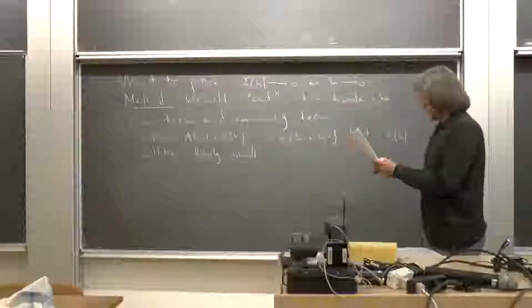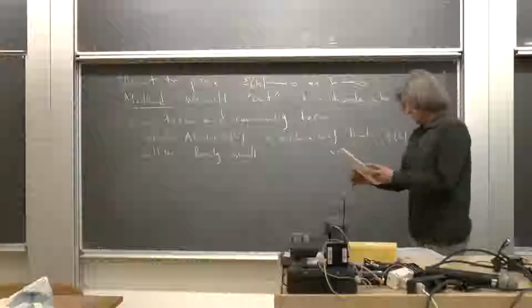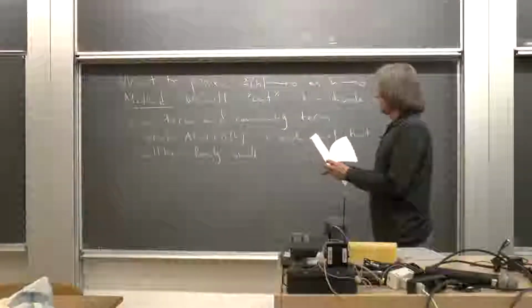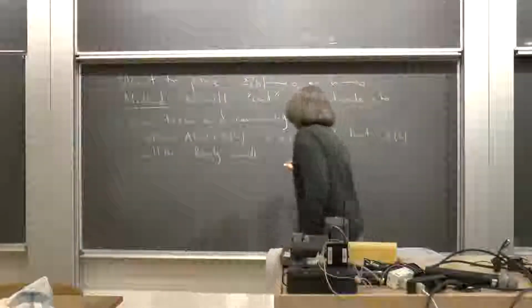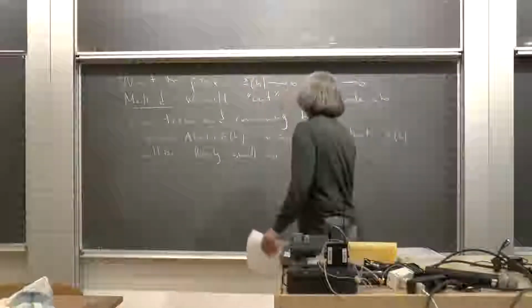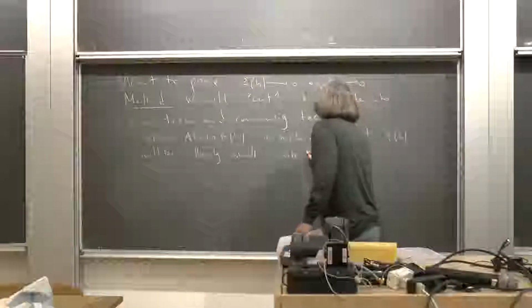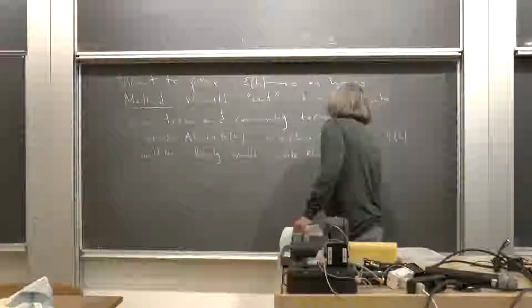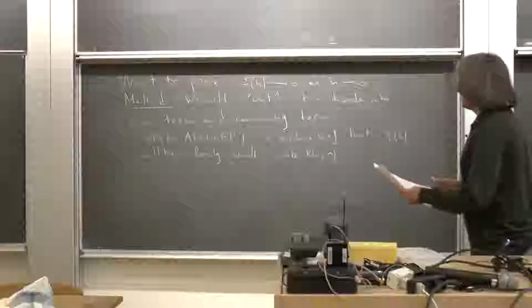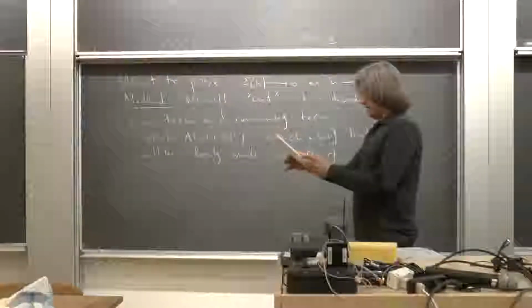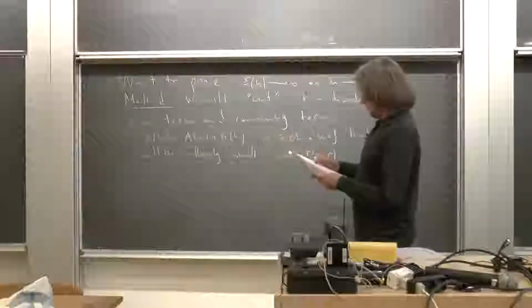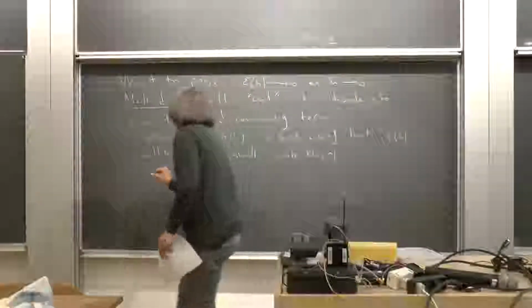On the whole disk, so inside K0 R. So explicitly we write A of h.